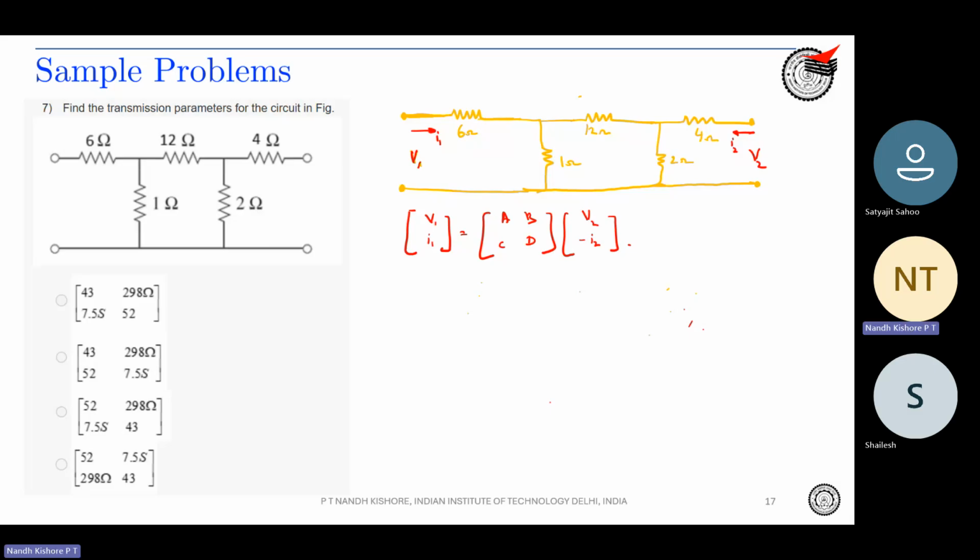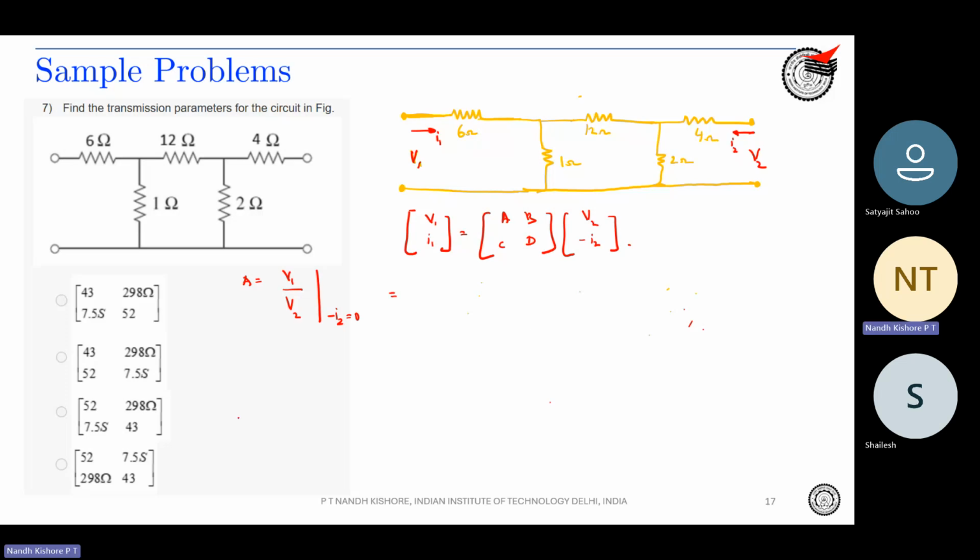Now the next thing is, what is A? A is basically V1 by V2 with minus I2 equal to 0, correct? That is, your output side is left open.